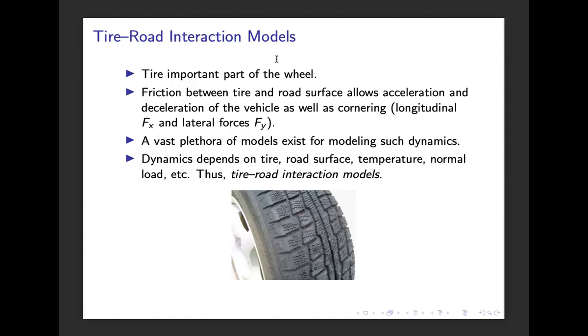But it's also the road surface, the interaction between the tire and the road, and also the temperature, the normal load on the wheel because of the car body, and a lot of other environmental factors, like the tire pressure, for example, the surrounding pressure, and so on.